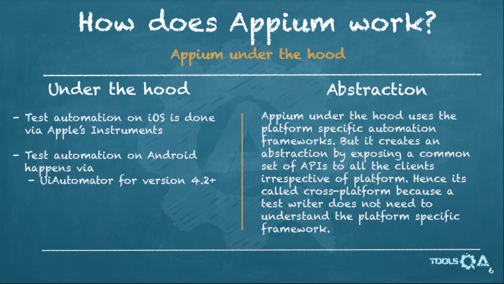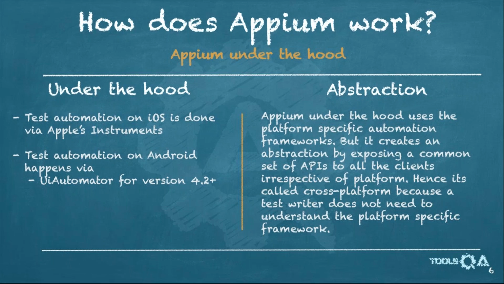Right, so here I'm just trying to talk a little bit more on the architecture front, how exactly this happens. We'll show you an architectural diagram for both iOS and Android, right? So we have something called Apple Instruments, okay? That is something that we use for iOS automation.